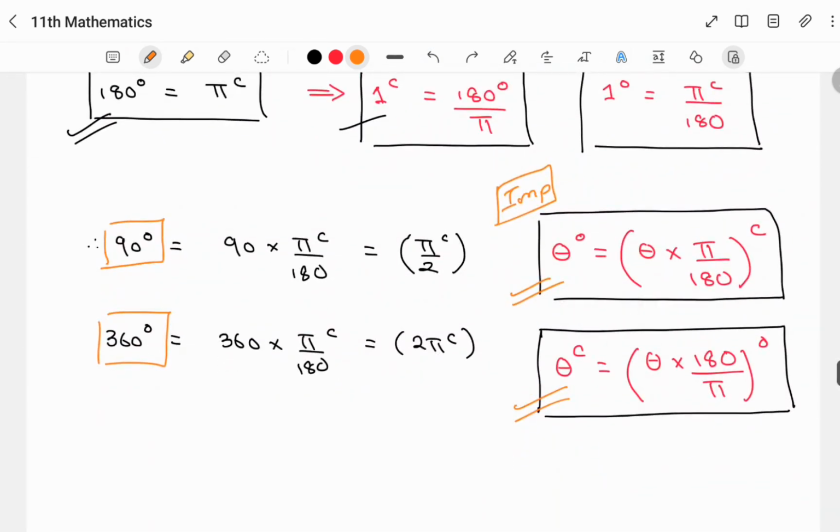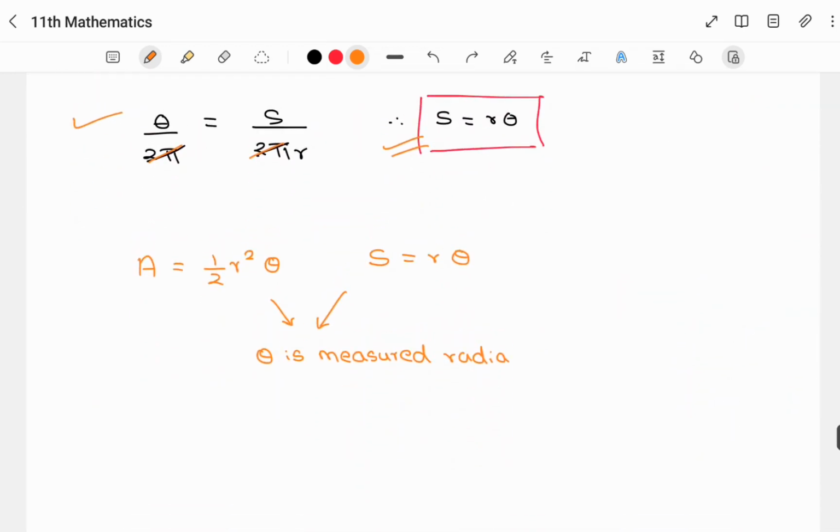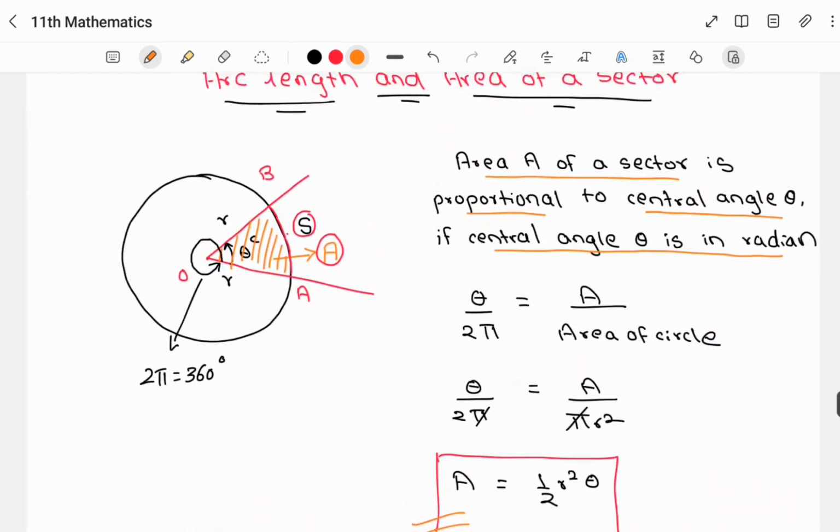Theta in degrees is theta into pi by 180 radians, and theta in radians is theta into 180 by pi degrees. And finally we saw the area of the sector and the length of the arc formulae. So that was all about angle and its measurement.